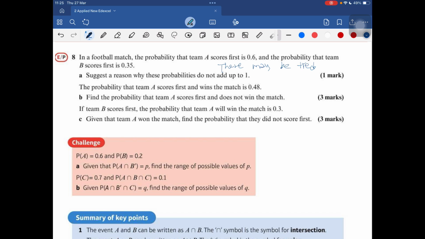Two teams maybe tied. And the probability A scores first and wins the match is 0.48.